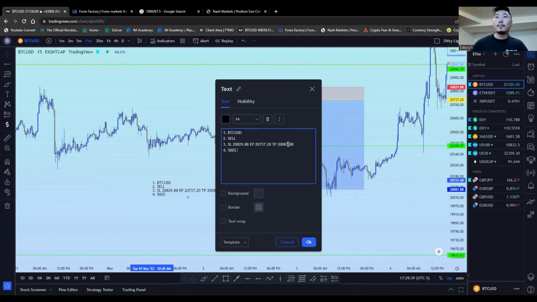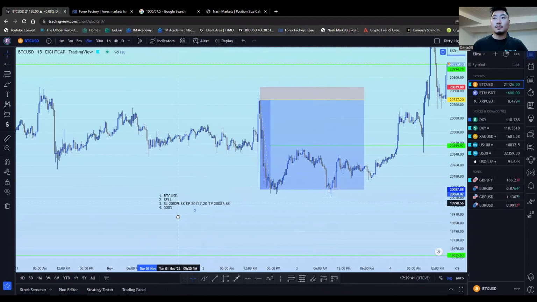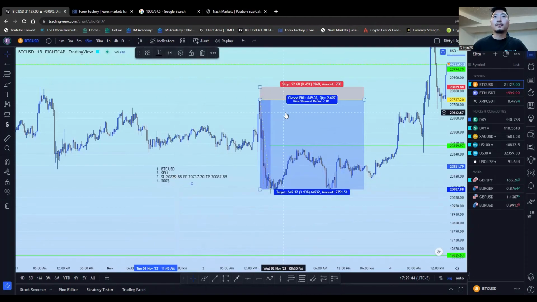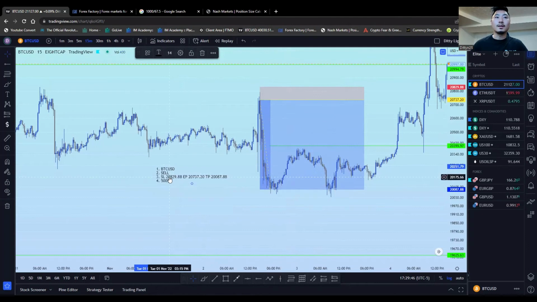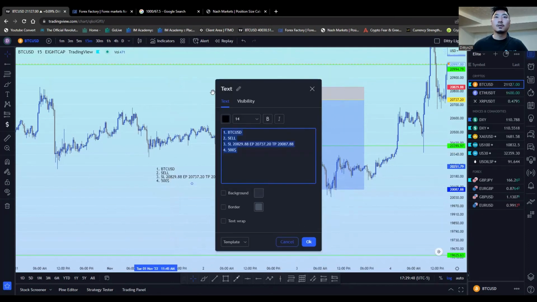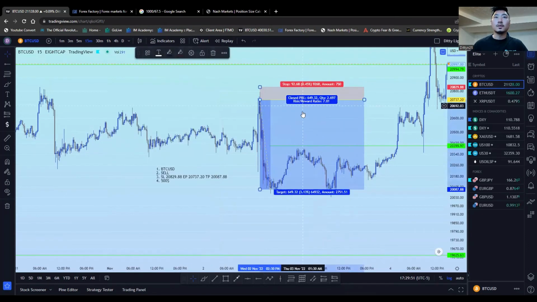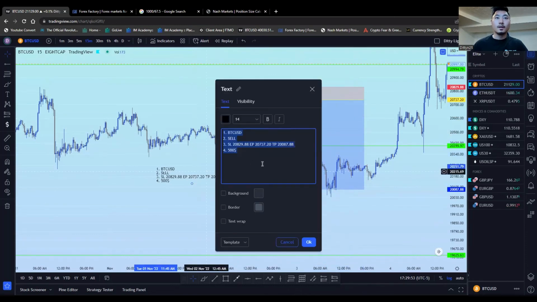And how many pips I'm risking, I'm just going to put here: 92.68. That is how many pips I'm risking, and it's also equal to how many dollars of movement on BTC, because it's 1-to-1. A dollar of movement is the pip.